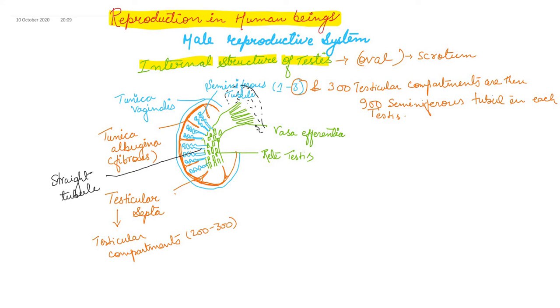I'm drawing the flowchart here to make you understand how the sperm travels from seminiferous tubule to epididymis. Just see the flowchart. Sperm is produced in seminiferous tubule. From the seminiferous tubule, it is transferred to the straight tubule.